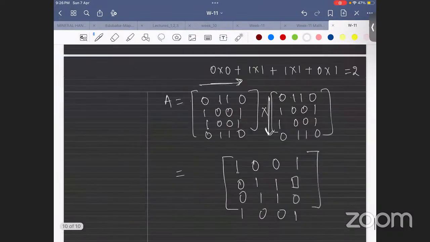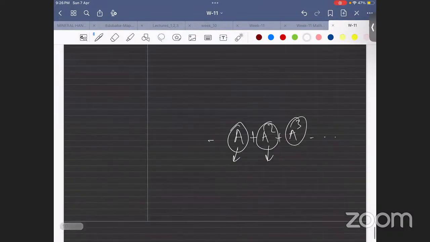Correct. So this final one, whichever the summation, will tell you whether you can reach it or not. This is what the transitive closure also tells you, whether you'll be able to reach from one vertex to another or not. It doesn't matter how many hops you are making. Plus means it is indicating, yeah, this is for length one, this is for length two, this is for length three, right?